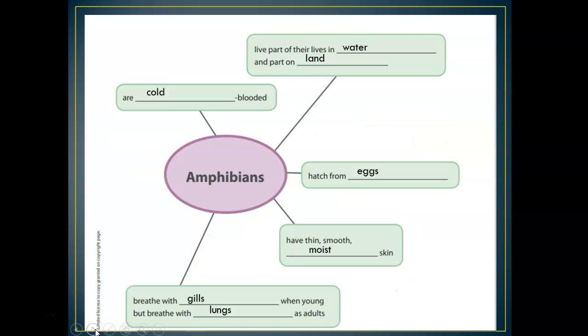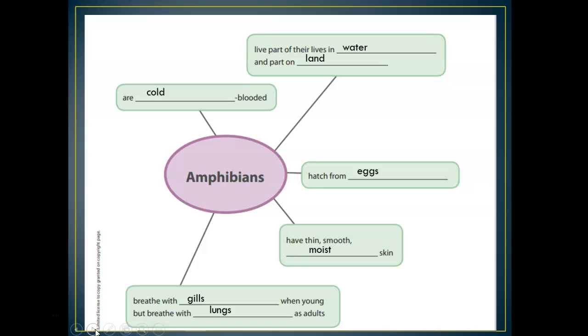So, from your reading, as you read through there, you should have found some characteristics of amphibians. So amphibians live part of their lives in water and part on land. The water part, they live from the time they're a baby.